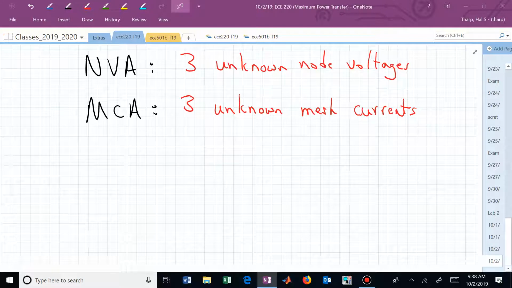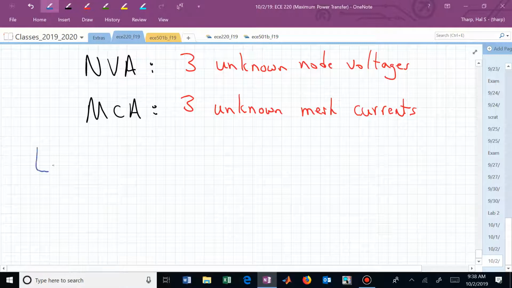Let's just go ahead and do mesh current analysis. A lot of people like to go in circles, right? Or that's not what I should have said, but we're going to go in circles to find the solution. Let's go with MCA.